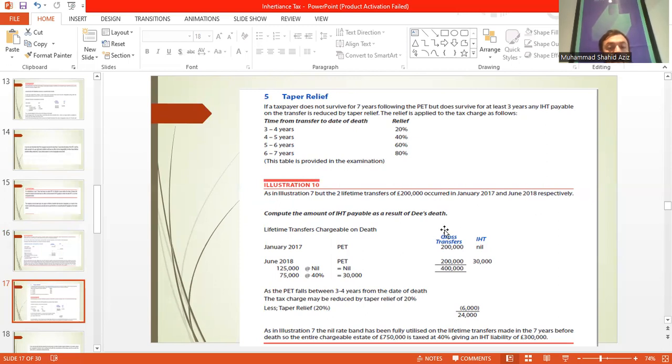One is in January 17 and the other one is in January 18. This January 17 gift is fully exempt because it is coming under the nil rate band. So 325,000 nil rate band minus 200,000 is equal to 125,000. There is no inheritance tax. The remaining 75,000 is at 40% tax, so 30,000 pounds needs to be paid.